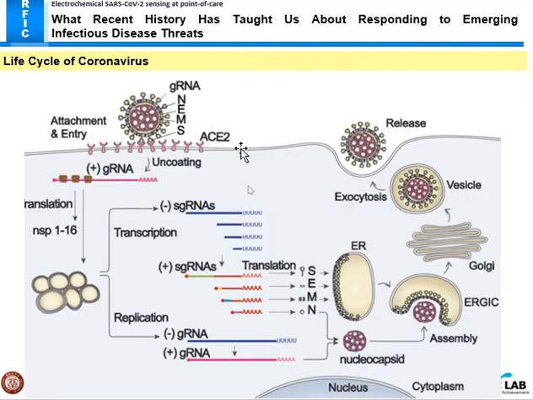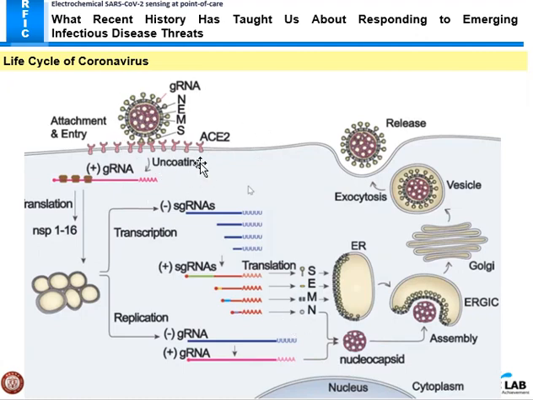the life cycle of coronavirus. How a virus hijacks a cell system, goes into the cell and divides itself into multiple cells. Attachment and entry. We'll check later. ACE2. ACE2 is angiotensin converting enzyme 2, which is found on our lung cell.